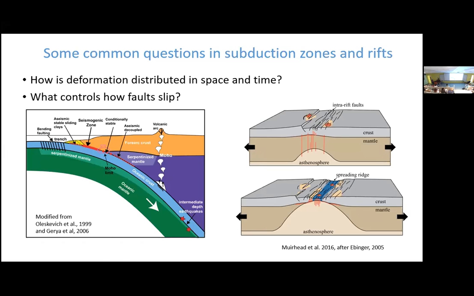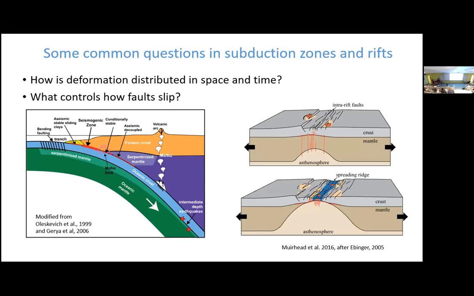And then the right-hand panels are showing cartoons representing different stages in continental rifting, and understanding how deformation is distributed in the upper part of the system across different fault zones, and how it varies with depth and how magma is involved are important questions we could ask there. And so, kind of a common theme.